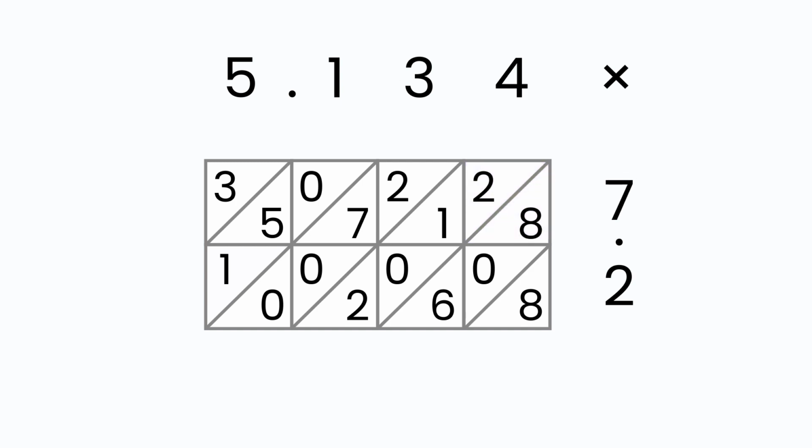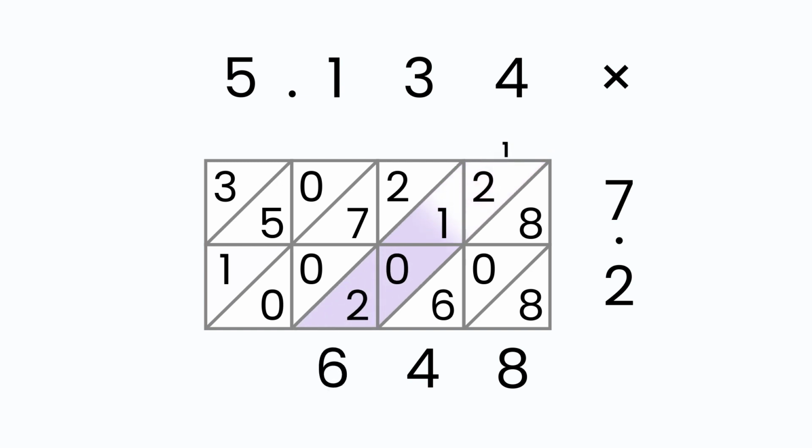You find the final answer by adding the numbers in the diagonals. Start at the bottom right. Only 8 here, so write 8 under that column. The next diagonal is 8 plus 0 plus 6, which is 14. Write 4 under the column and carry the 1. 1 plus 2 plus 1 plus 0 plus 2 equals 6.